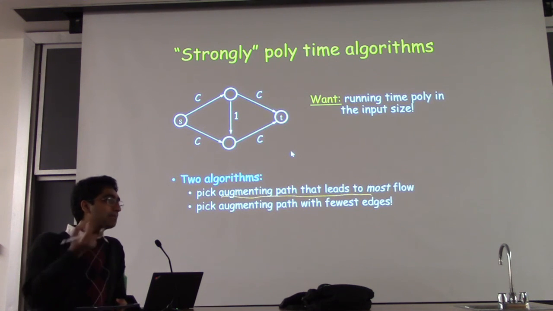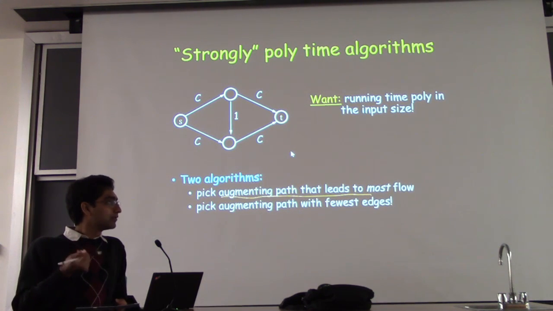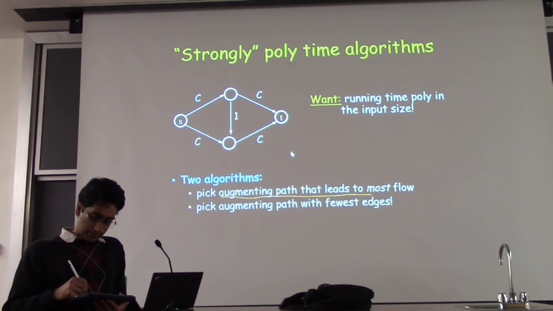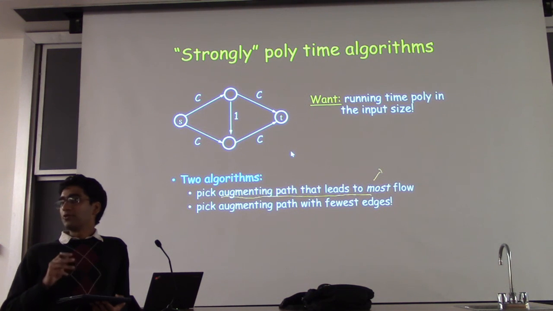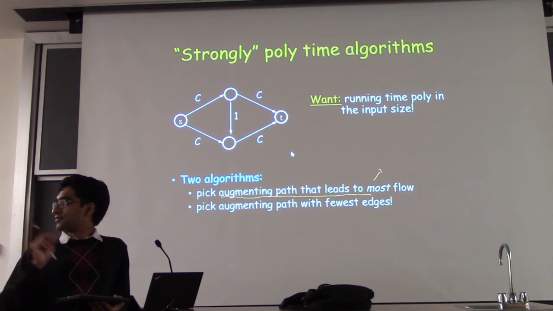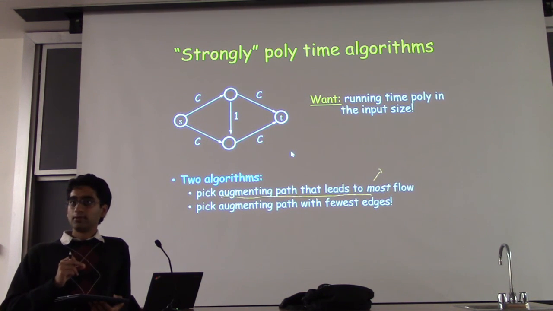That ends up giving the most flow. So how do you do this? With breadth first. I mean, you've got to keep track of the flow values, right? You can modify the shortest path algorithm to do this.